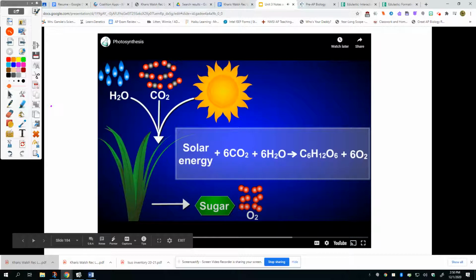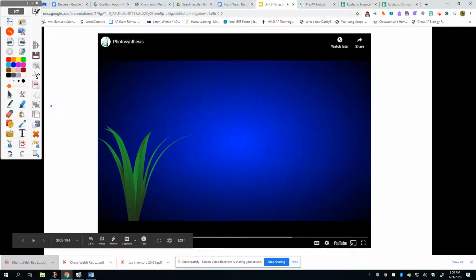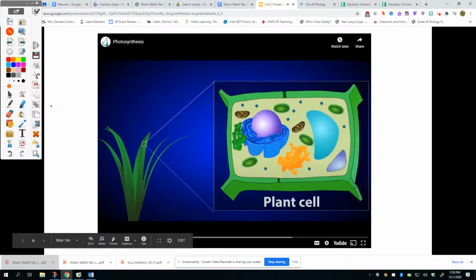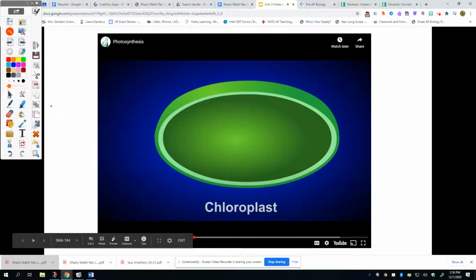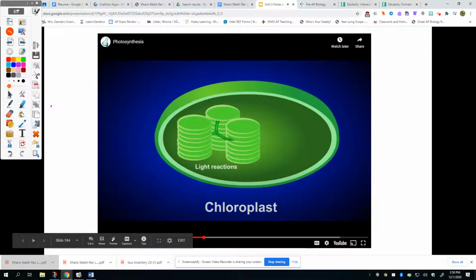To better understand the reactions of photosynthesis, let's take a closer look at the leaves of this plant. If we zoom in on one photosynthetic plant cell, we can see the chloroplast, where the reactions of photosynthesis occur. Let's zoom into this chloroplast to get a closer look. Photosynthesis consists of 2 primary steps: the light reactions and the Calvin cycle reactions.